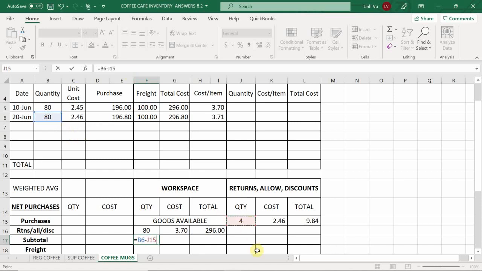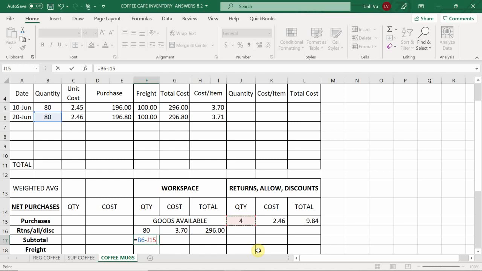What did you say? 371? No. At the price of the second batch. You want to return the cups from the second batch. In this case, you won't be able to do that because that includes freight. You can't return freight.